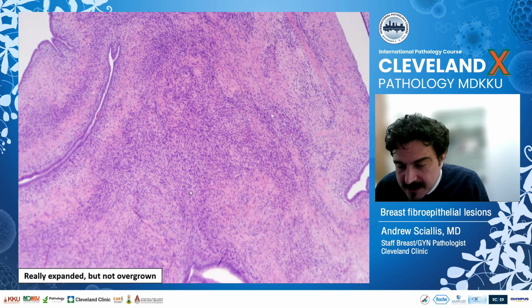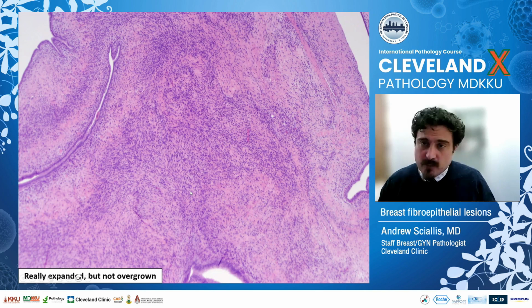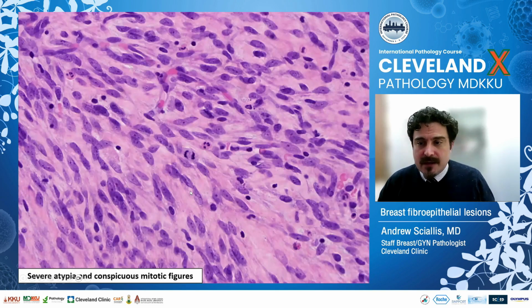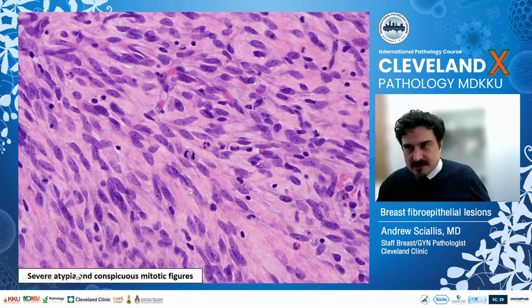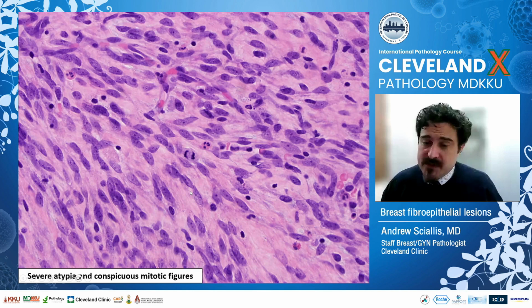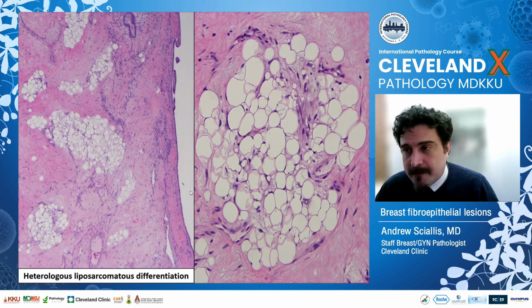It's got some expanded stroma, meaning it's very prominent and pushing out the epithelial elements, but we don't see stromal overgrowth. And there is severe cytologic atypia. There are conspicuous, easy to find mitotic figures, to the point where it's not necessary to count them. You know that there's going to be a lot. And there's also, in this case, heterologous liposarcomatous differentiation.